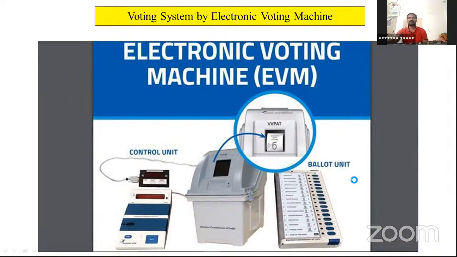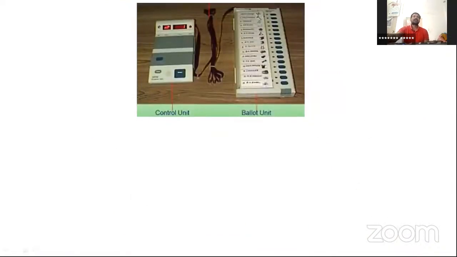Okay, next slide. We can understand this. This is the ballot voting system. How does it work? First, the control unit. This is a ballot button. When the polling officer presses this button, the vote is automatically released to the ballot unit. Then this ballot unit is arranged in the secret voting compartment. These are the buttons. These are the contesting political candidates and their symbols.